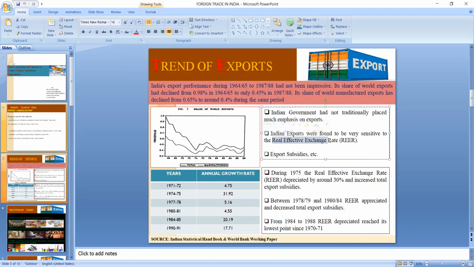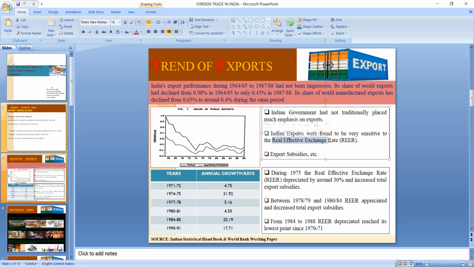So there is an inverse relationship between exports and the real effective exchange rate. During 1975, during 1978-79, and during 1984-88, there were changes in the real effective exchange rate subject to trade deficit.